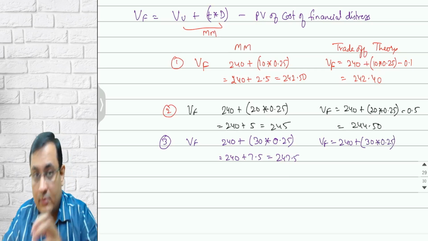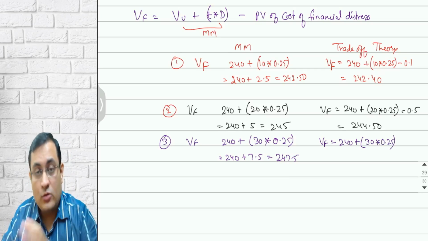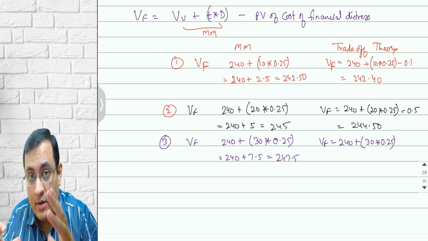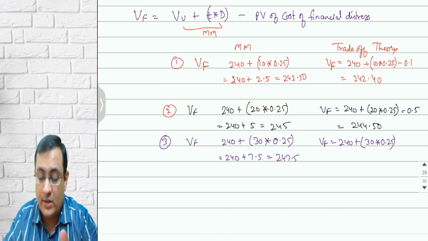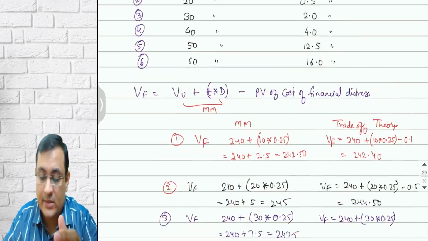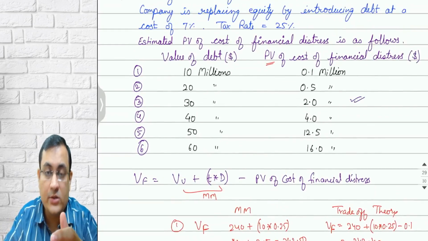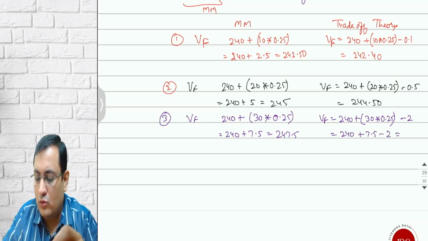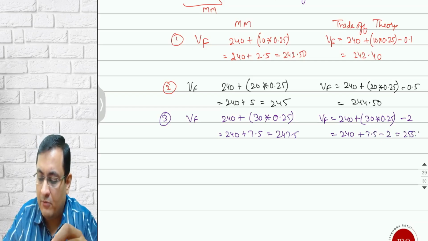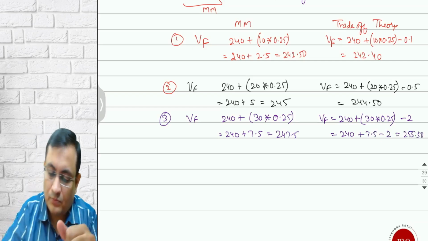Now my equity holders are feeling the heat, so they are going to increase their expectation. Or it is going to create financial distress in the company, and this financial distress cost is reaching 2 million now. But still the advantage is more. 7.5 minus 2 is equal to 245.50. Still it is going up.